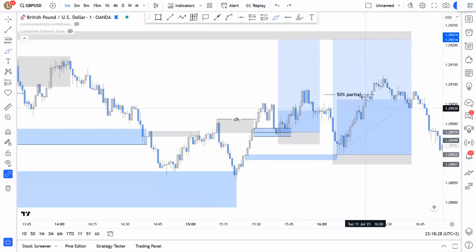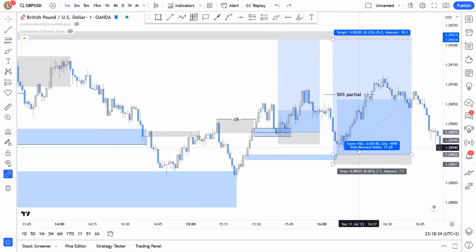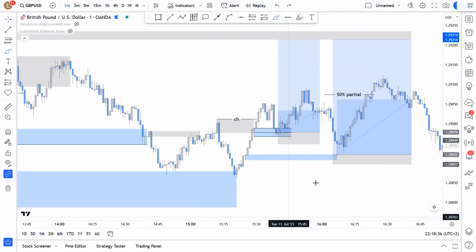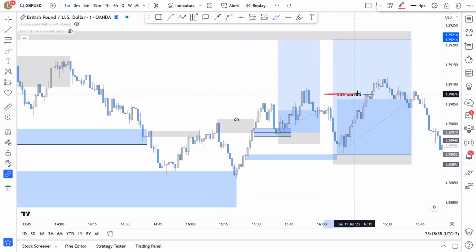I'm setting my partial points at 50% of the whole risk-reward ratio size. So if the risk-reward ratio size in this case is 12, then I'm setting my partial point at 6 reward ratio, and I'm going to remove 50% off of the whole position at this partial point. So that's what I did.